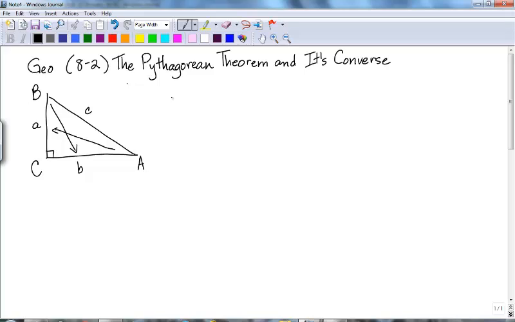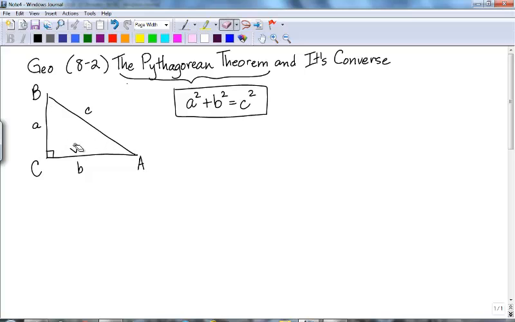And the Pythagorean theorem, okay, is a squared plus b squared equals c squared. We've used that already this year. Basically, if you take that right triangle, the ABC, and make a square on each one of those sides, so that it looks like a square.